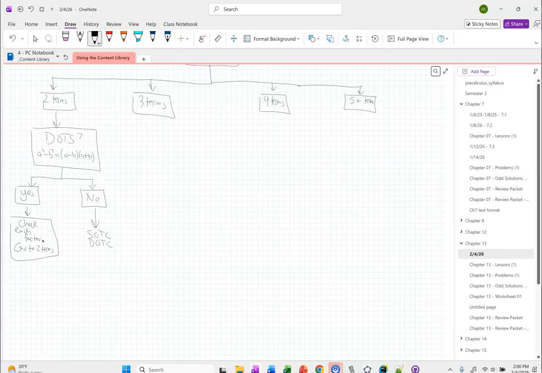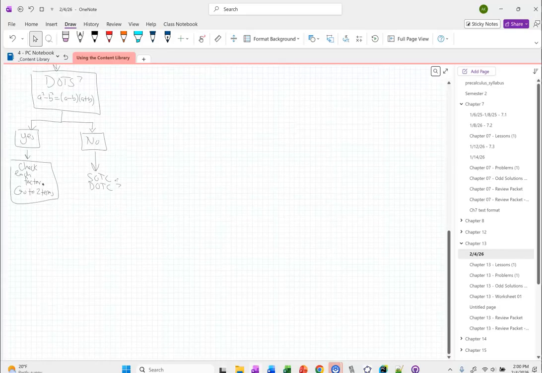so the next thing we check, is it a sum or difference of 2 cubes?